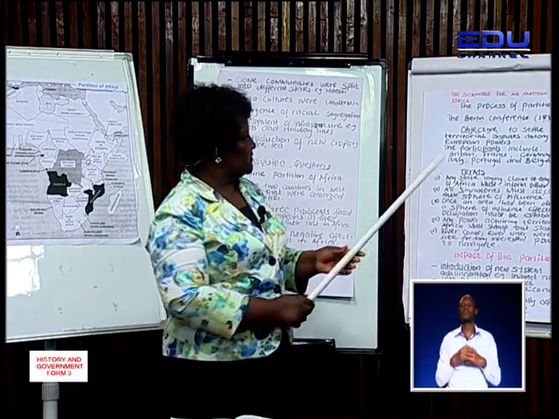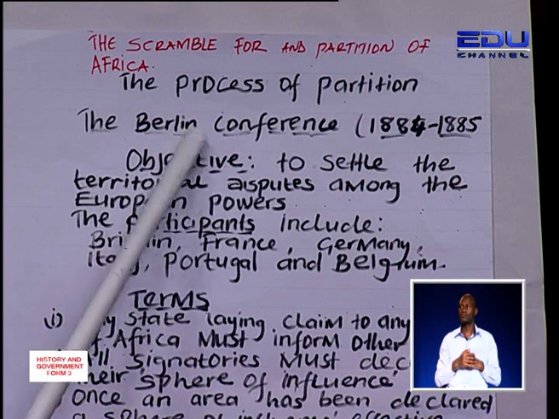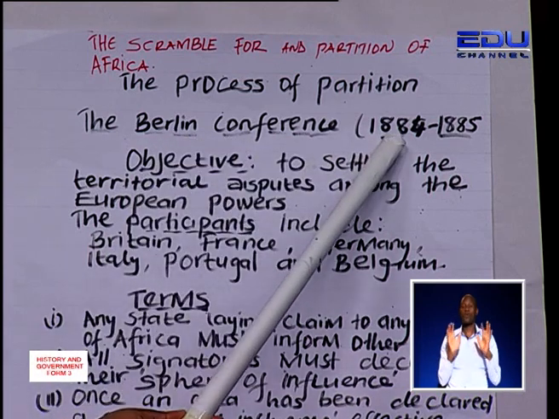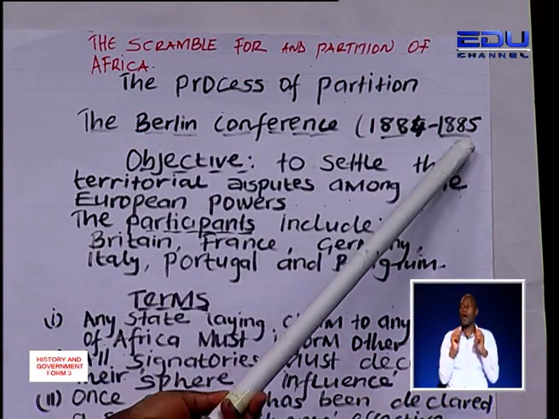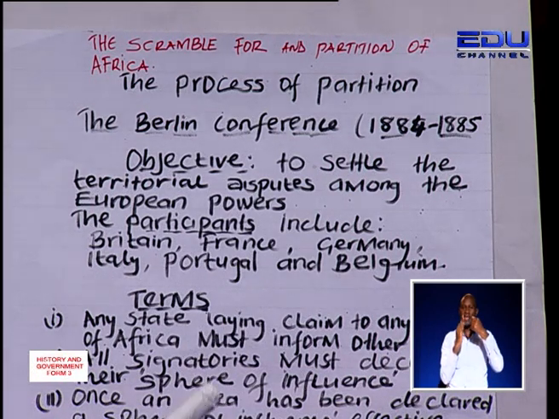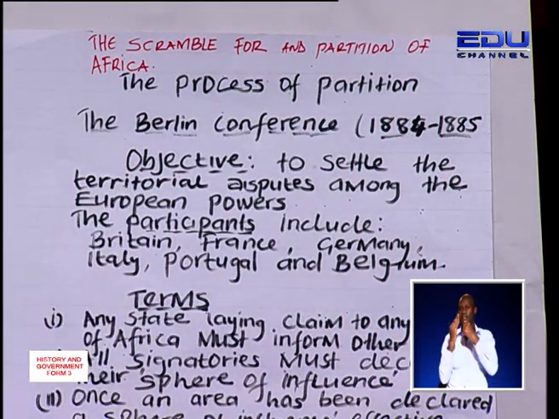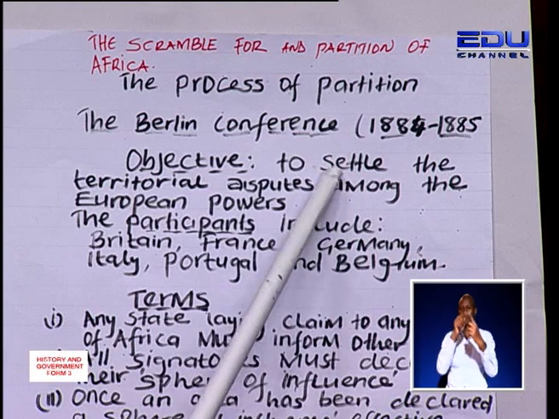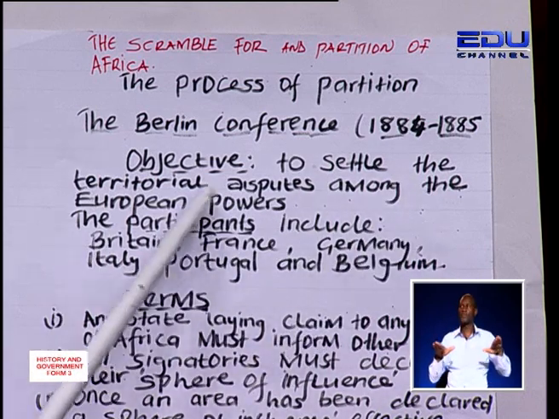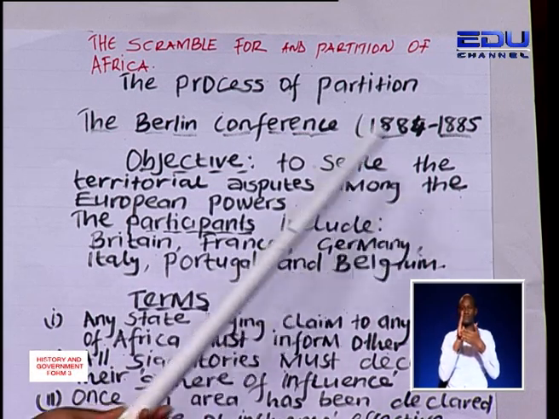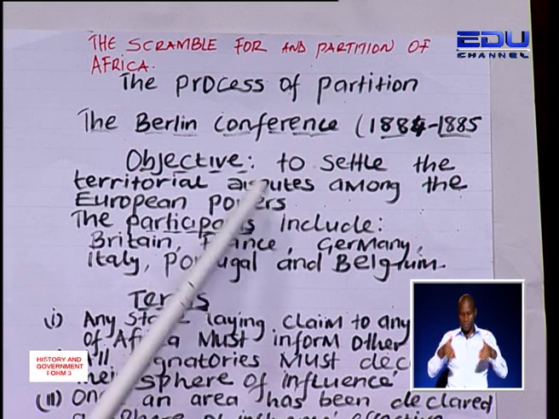The conference was held between 1884 and 1885, and its purpose was to settle the territorial disputes among the European powers.